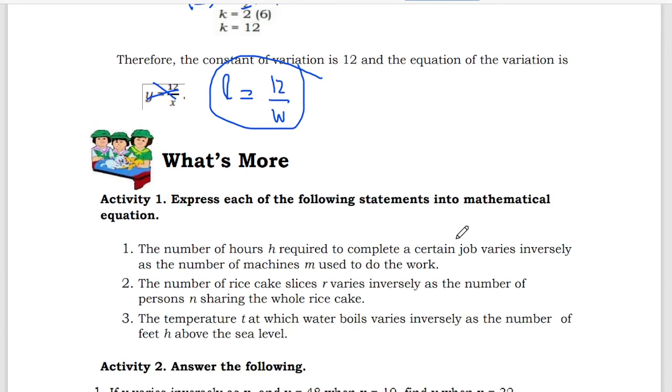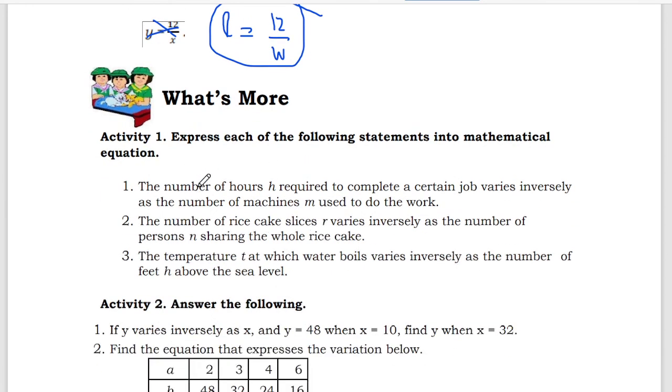Now you can express the following statements as mathematical equations. The same process as here: first, you are going to translate. Given the activity here, there are 3. You must be able to translate each into a mathematical statement, meaning you just write it in equation form.